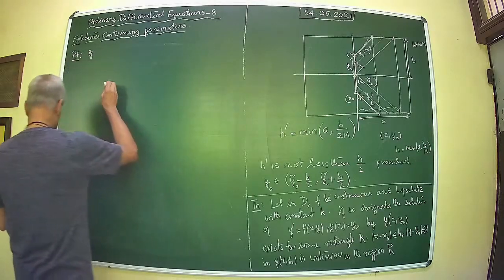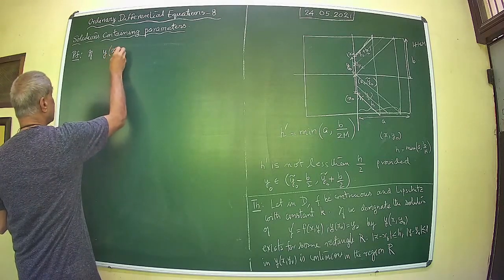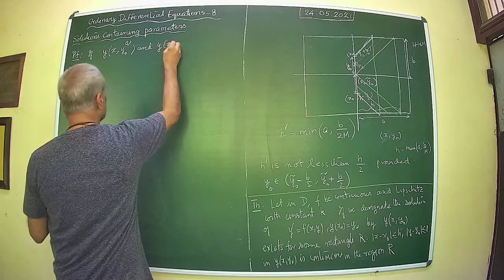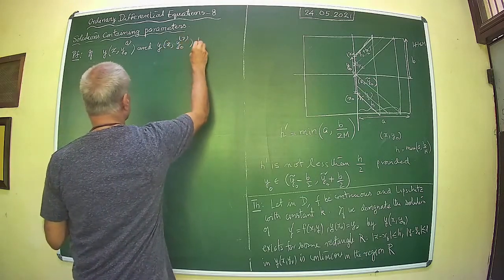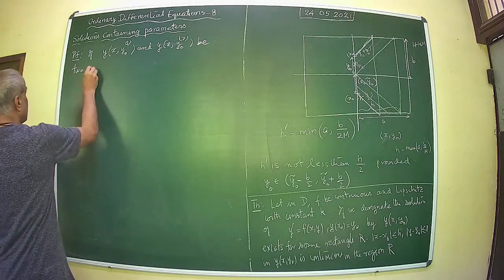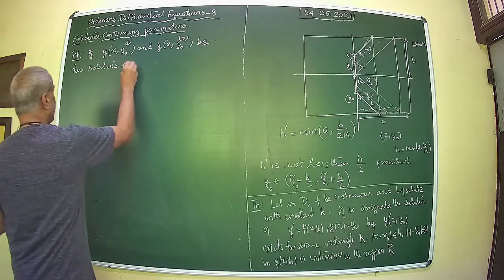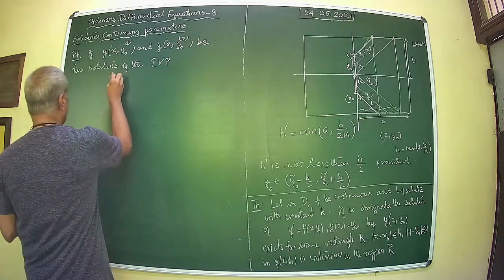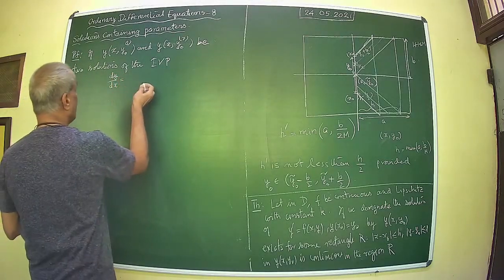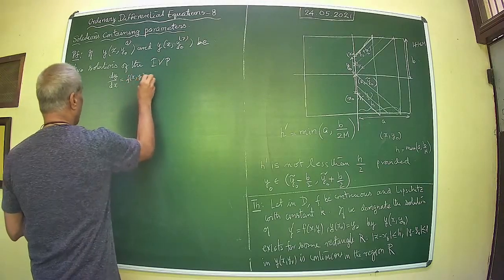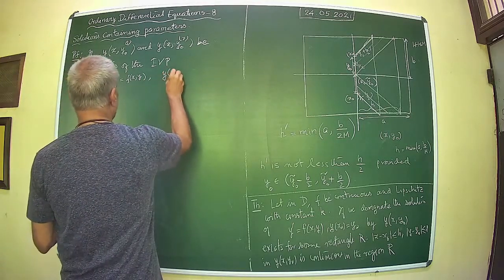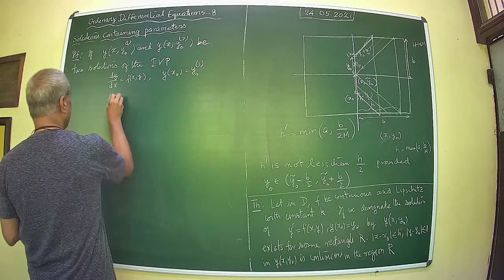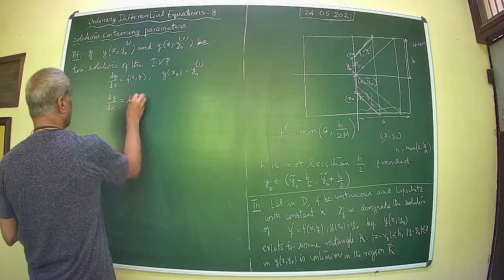Okay, so let y(x, y01) and y(x, y02) be two solutions of the initial value problem, that is dy/dx = f(x,y) with y(x0) = y01, and you have a second problem, two initial value problems.